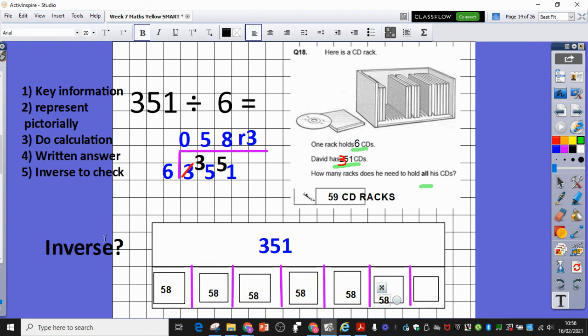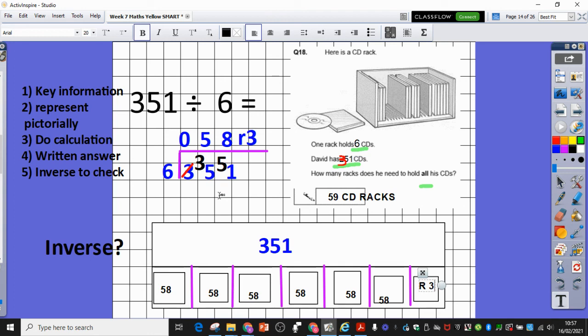So I'll know when I do my inverse, 6 times 58 will be 300 and something, which I haven't done. 300 and, let me see this one, 348. So I know that will equal 348. So this one will be my remainder 3. So then it'll be 348 plus 3 will be 351.